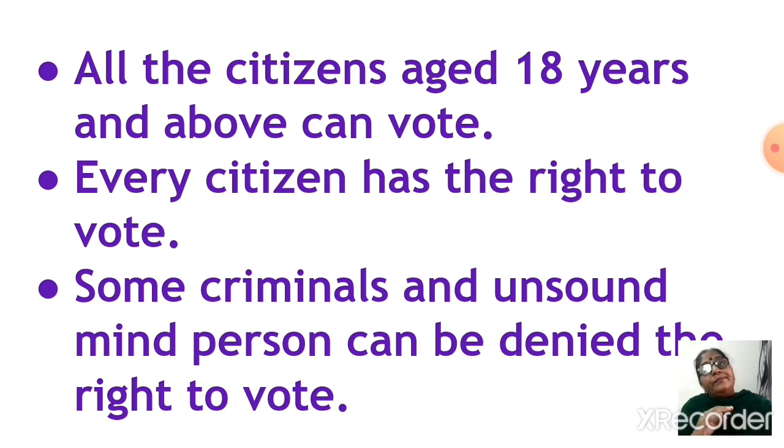But this happens only in rare situations, children. Not all will get the right to vote, but only the criminals and the people who have mental disability will be denied the right to cast their votes.